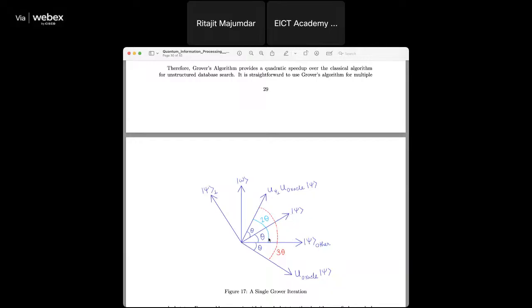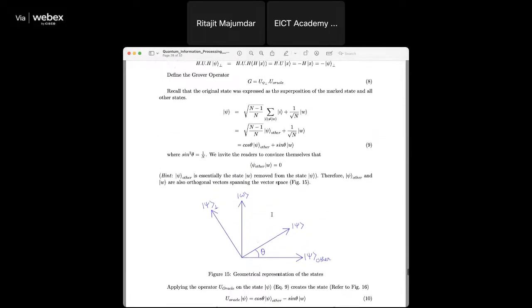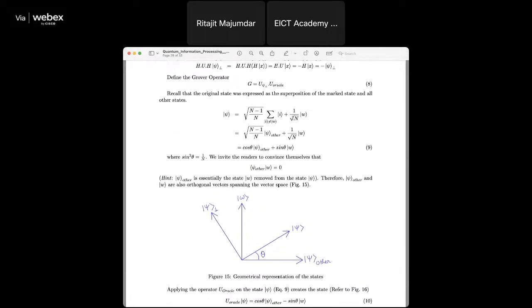So the state is actually very close to this psi other, because in the equal superposition state, the probability that we will get the good state is 1 over 2 to the power n. On the other hand, the probability that we will get one of the bad states is almost one, except for this portion.